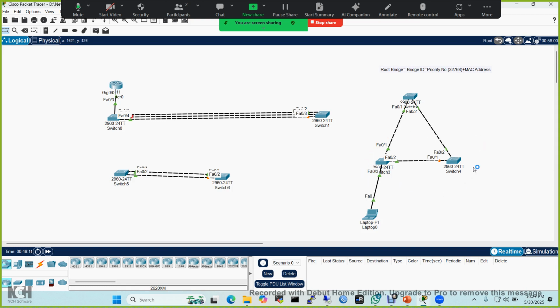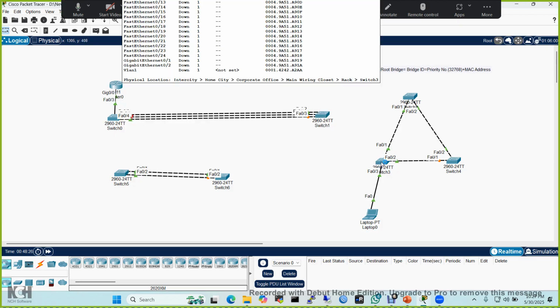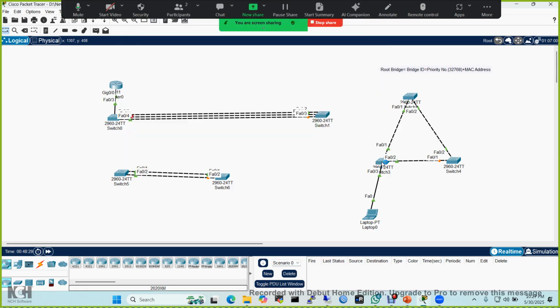For the non-root bridges, there is a port which has the lowest cost to reach the root bridge. For all the non-root switches, there is a root role port. The root role port will be used to reach the root switch from the non-root switch.